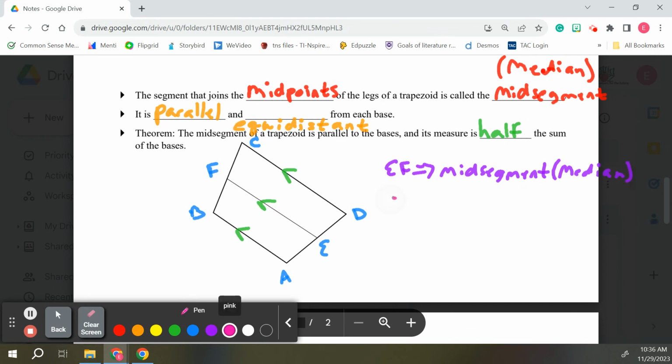The formula is going to be that EF is going to equal 1/2 segment AB or base AB plus CD. So we're saying this base and this base, the sum of that divided by 2.